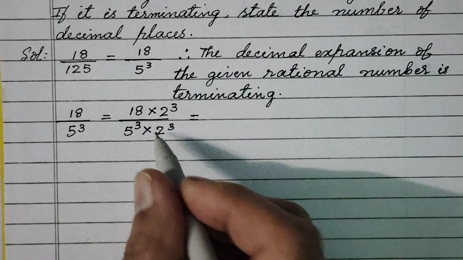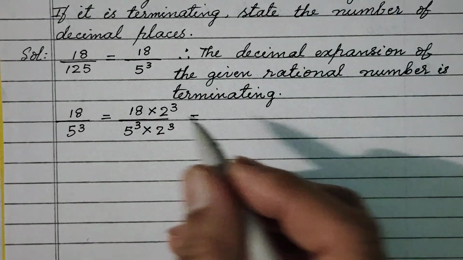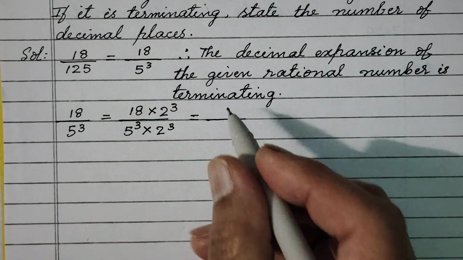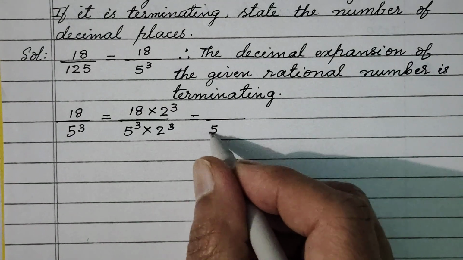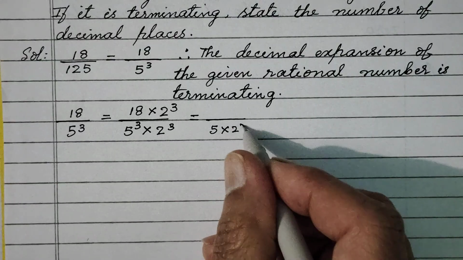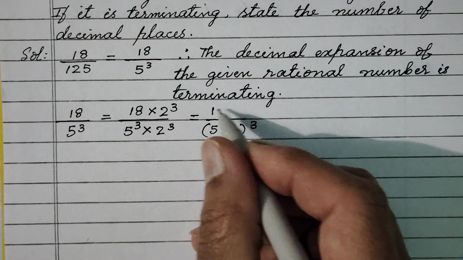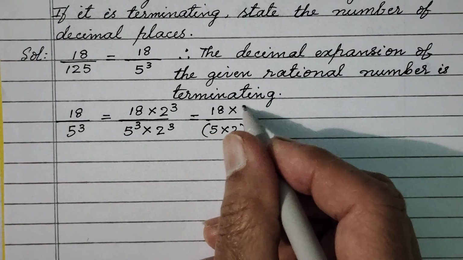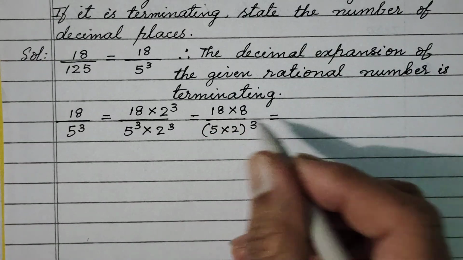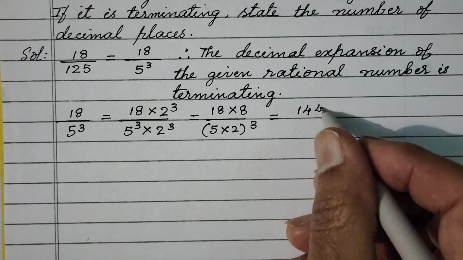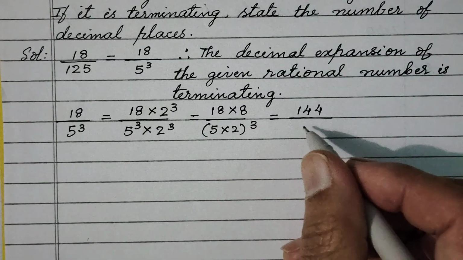So the denominator will become 5 cube into 2 cube. It will become 5 into 2 whole cube. This will become 18 into 8. So 18 into 8 is 144. This will become 10 cube.